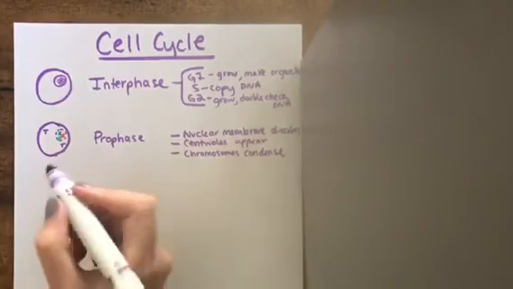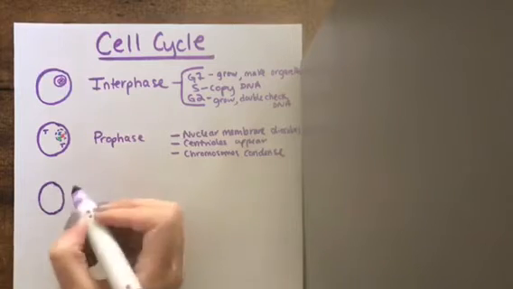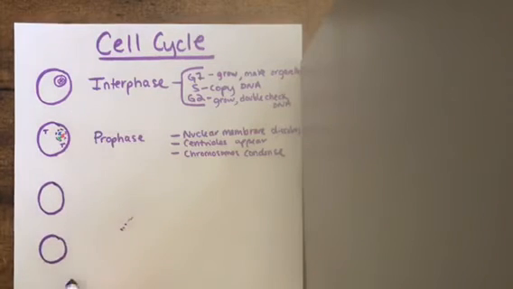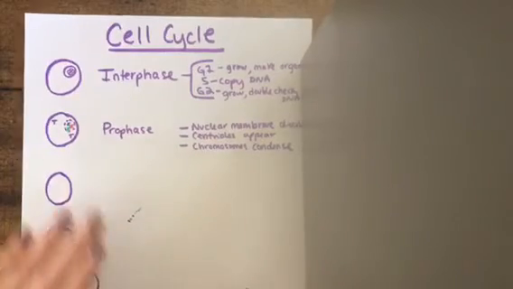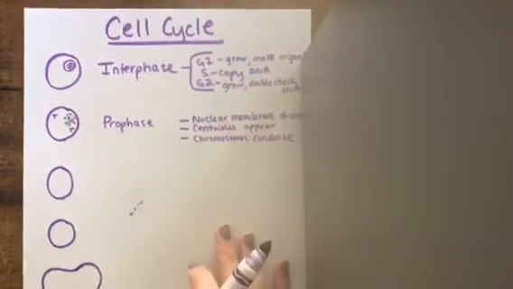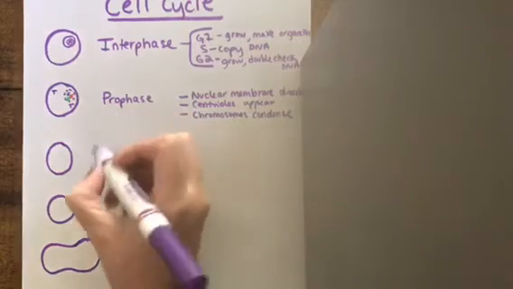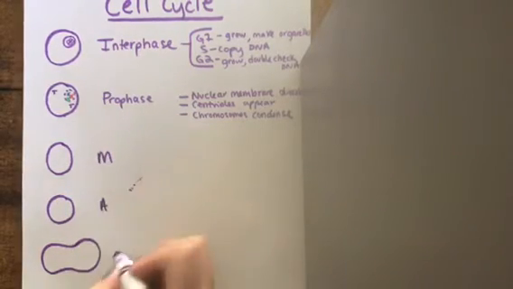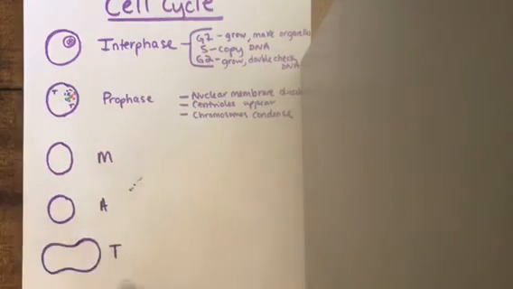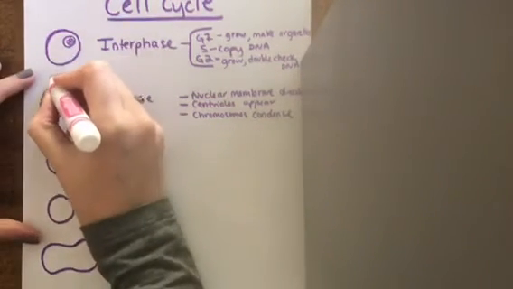All right, so after prophase, we have a couple other things. So you may have heard of PMAT. So this is where the PMAT is going to come in. And these PMAT steps are the steps of mitosis.